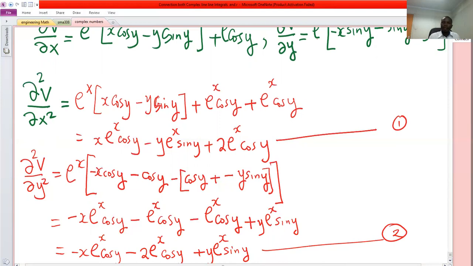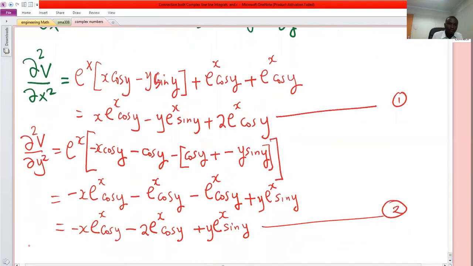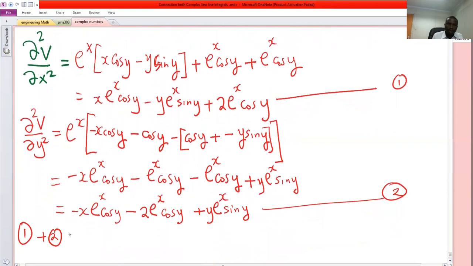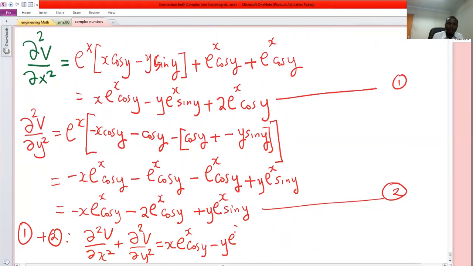Now, equation 1 plus equation 2 will be now partial squared v partial x squared plus partial squared v partial y squared equals x e raised to power x cos of y minus y e raised to power x sine of y, and then plus 2 e raised to power x cos of y.